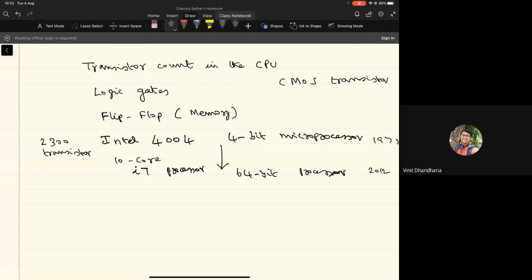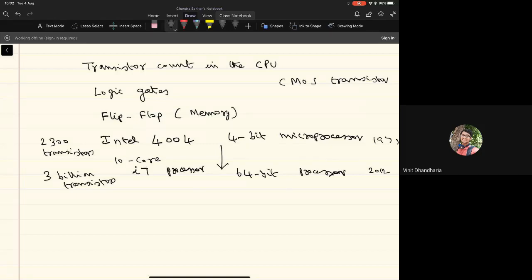This has got about 3 billion transistors, right? So we can see now we have moved from a CPU with 2,300 transistors to 3 billion transistors.